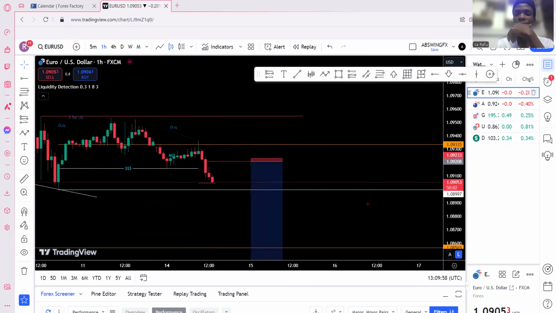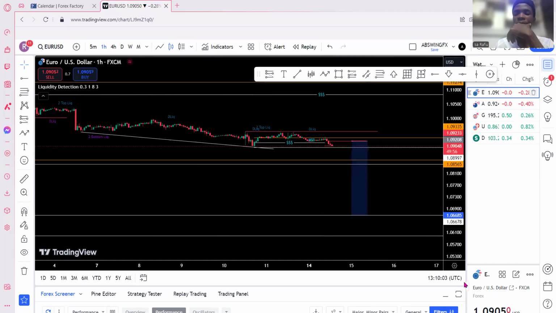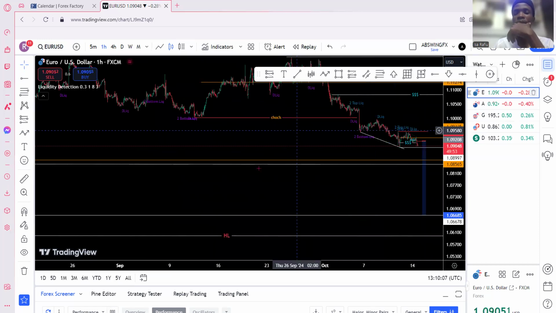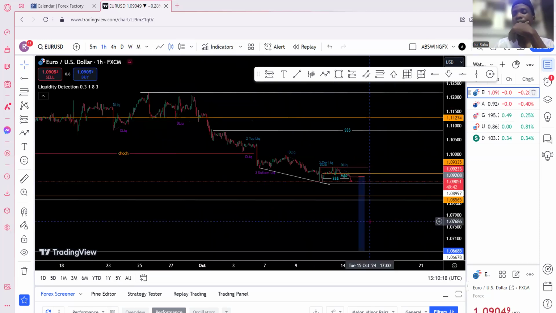So that's it. You may think it is not possible, but that's something that happened right away from here. Some people might think it's not going to get to this point because the trend is still creating higher lows. So you need to flow with the trend.